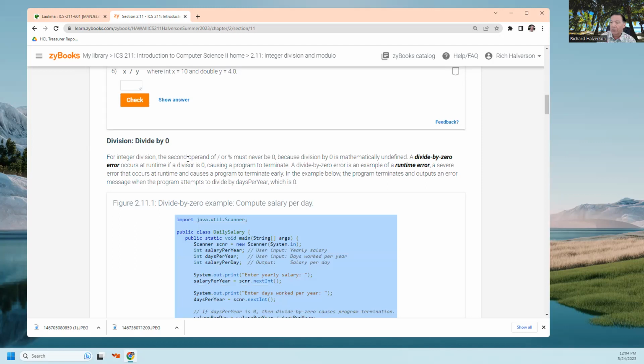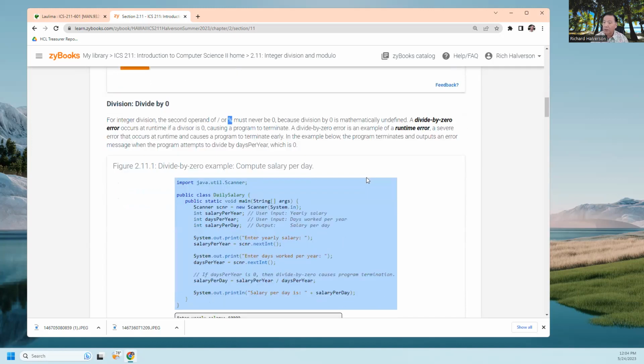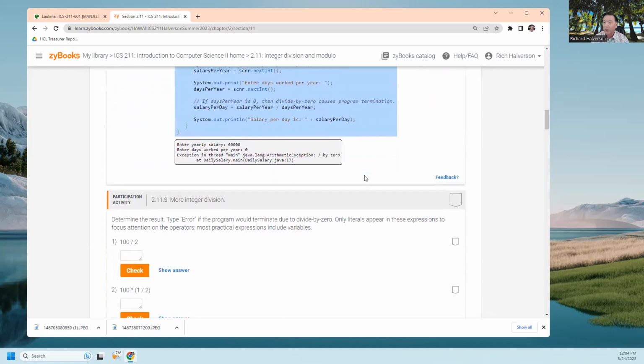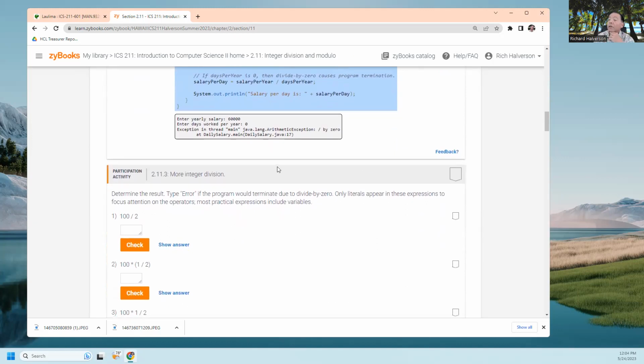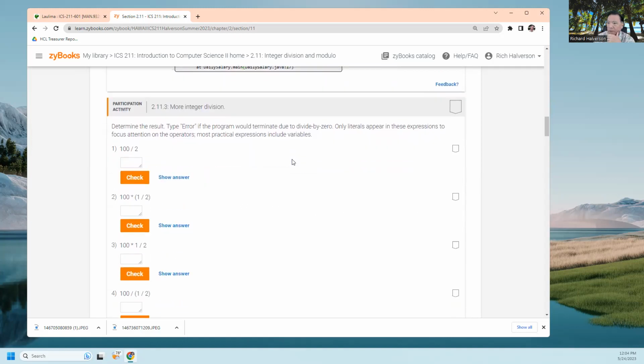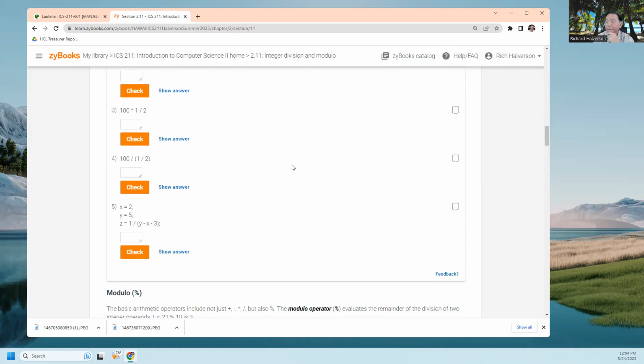Divide by 0. For integer division, the second operand of a divide or a modulo, which is the same in every language, can never be 0 because you can't divide by 0. The processor will cause an interrupt there, so you got to do something to make sure that doesn't happen.